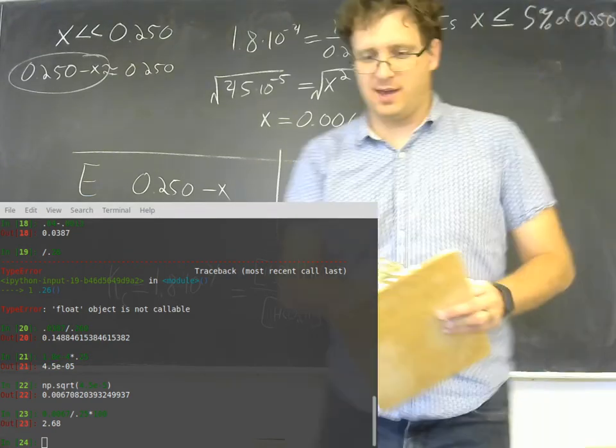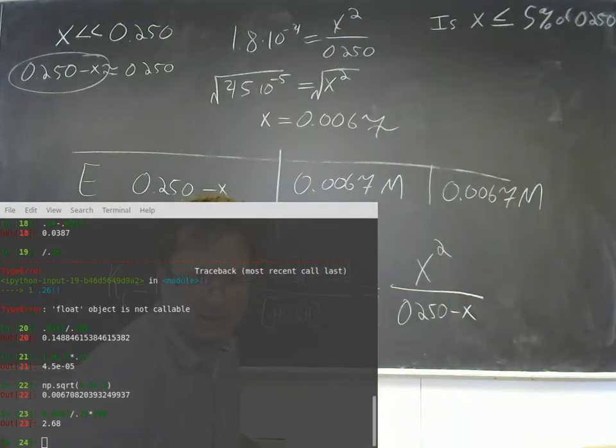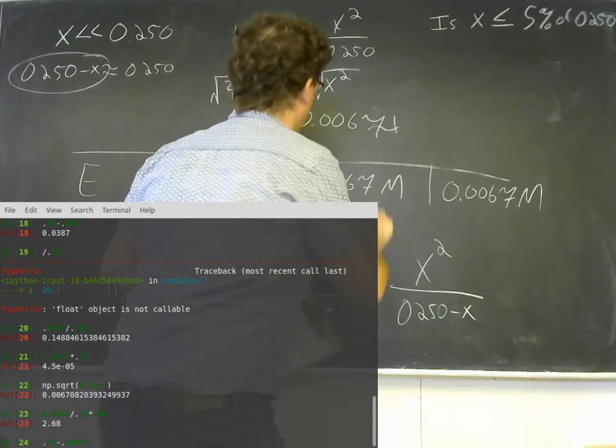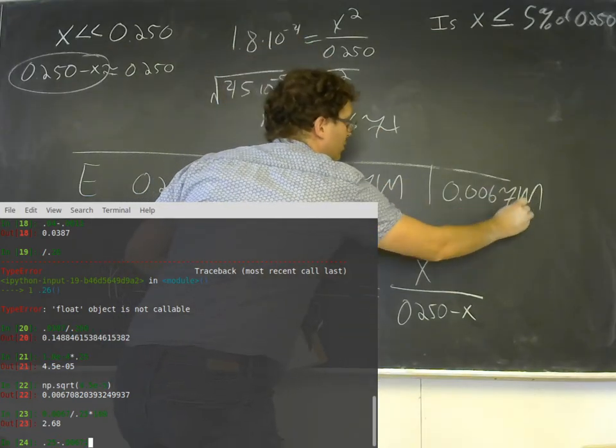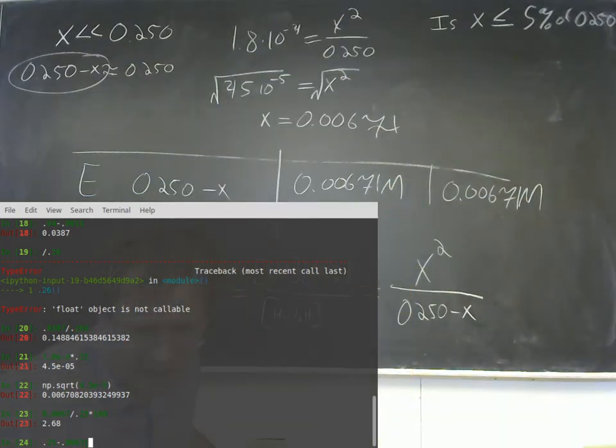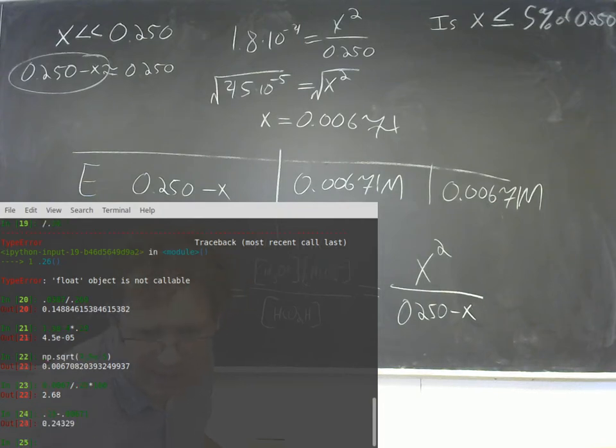And then let's just quickly do this last calculation: 0.25 minus 0.0067. And I guess we really should round that up. If we want 3 sig figs, it should be 671. So I'll just throw those ones on there. And I'll make sure that I subtract the 671 here. That's going to be 0.243.